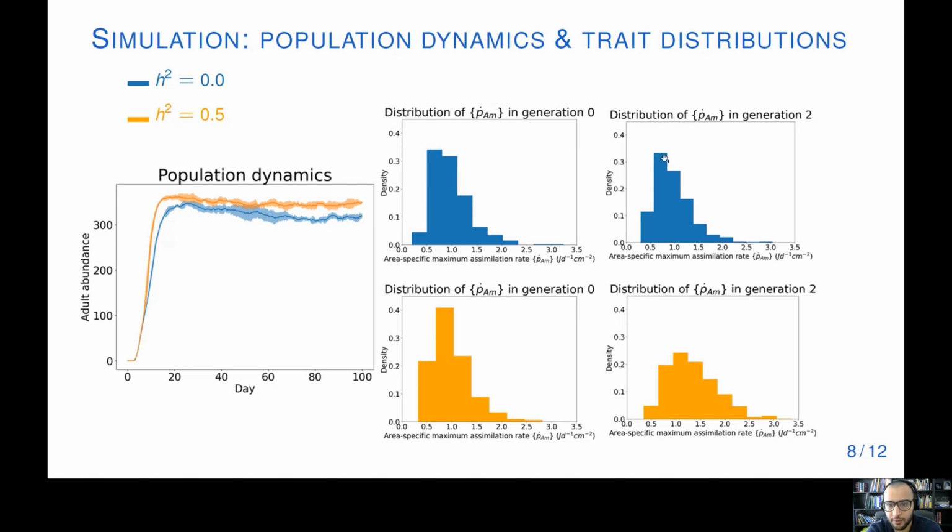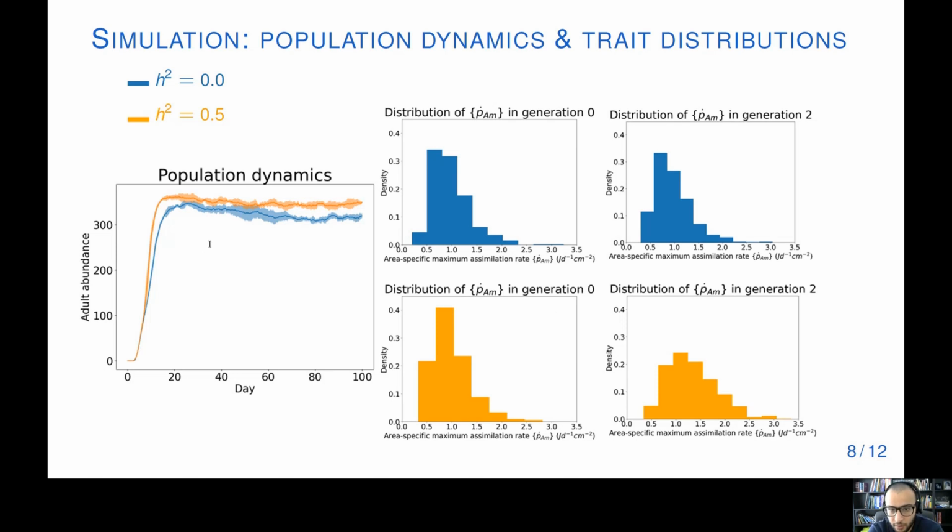While 2 generations later, this distribution also remains quite similar. However, in the case of heritability being 0.5, we can see that after 2 generations, this distribution seems to shift and change a bit towards higher deviations from the reference value of PAM. You can then see that ecological processes emerging from this DEB-IBM can drive evolutionary processes within this implementation.